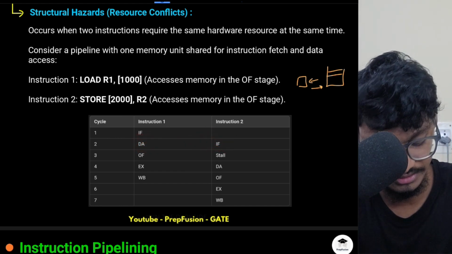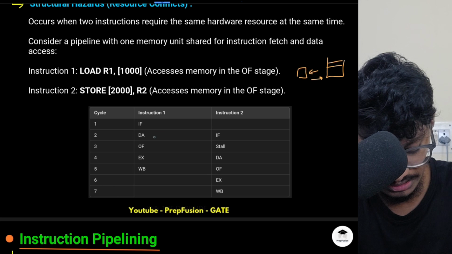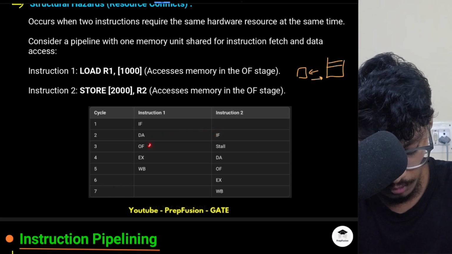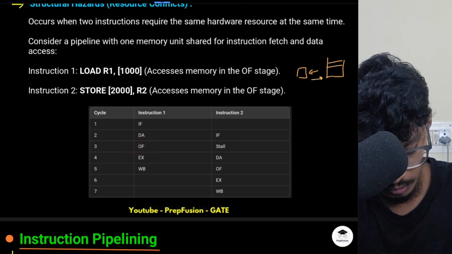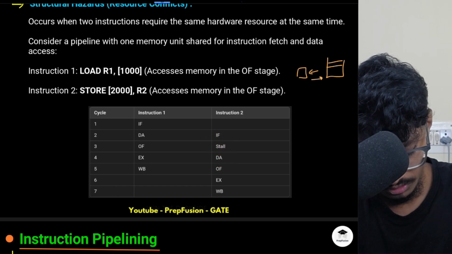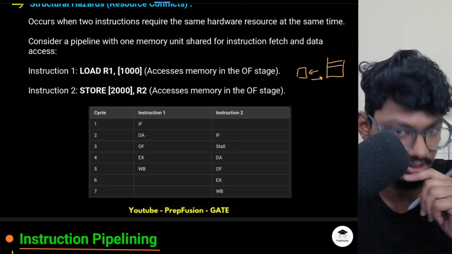I can do the instruction fetch here because there is no resource conflict here. Here I am doing an operand fetch after this. Actually, this should be decode the instruction.